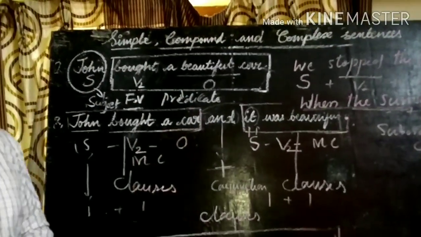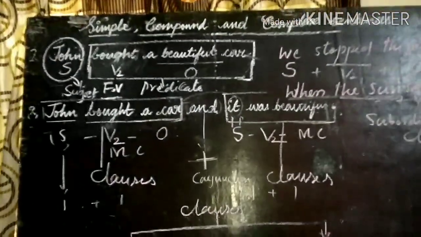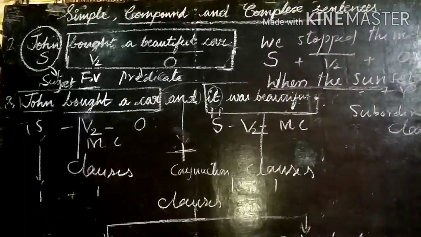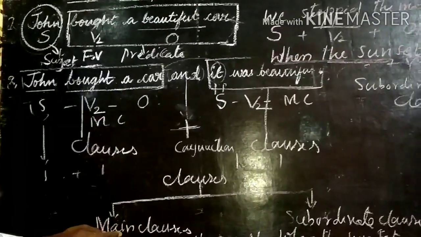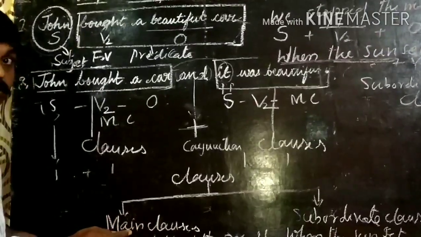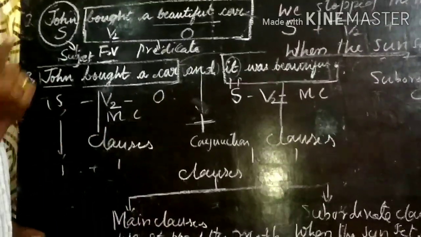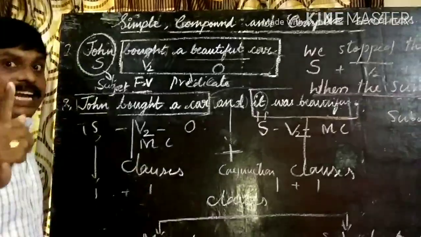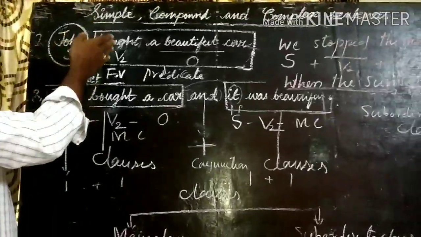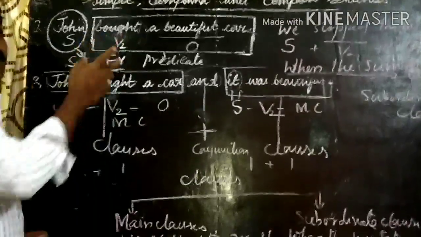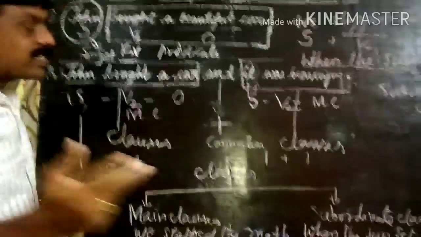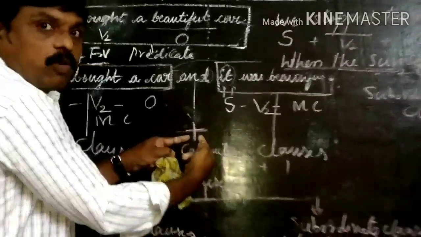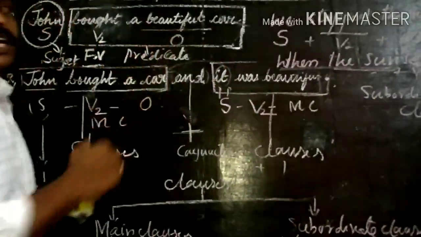You can get an idea, you can guess now: every main clause can stand as a simple sentence. Every main clause which can stand by itself as a sentence is called a simple sentence, right? When two simple sentences are connected with a coordinating conjunction, then it is called a compound sentence.